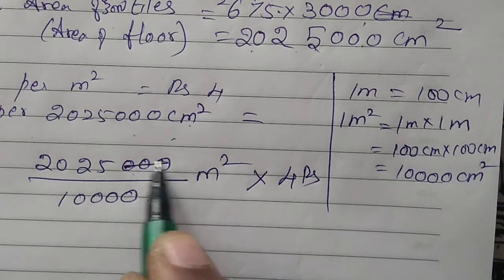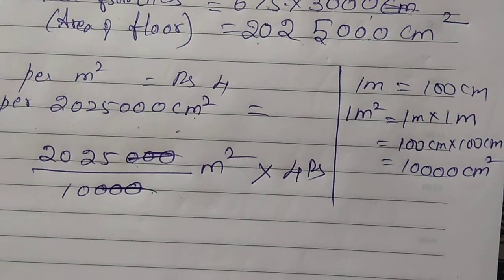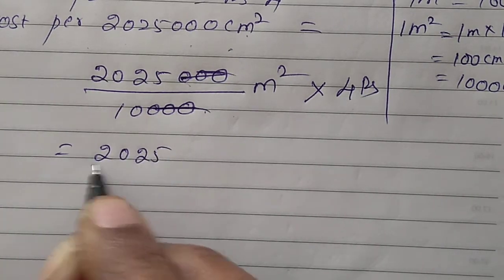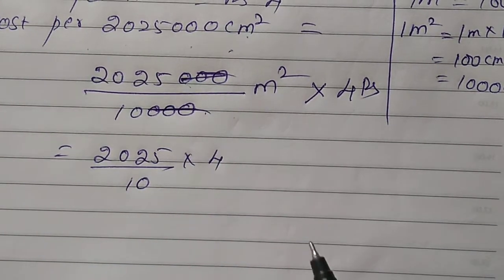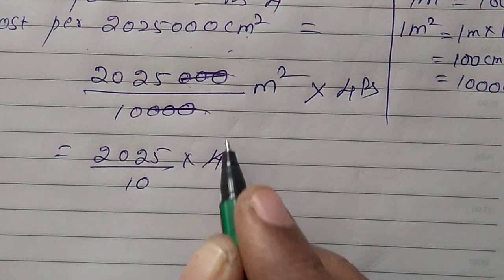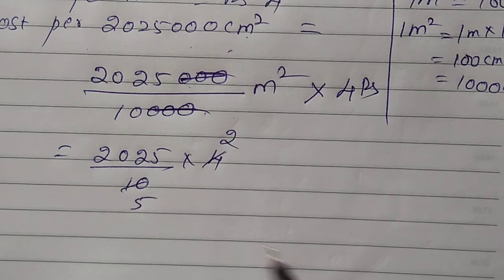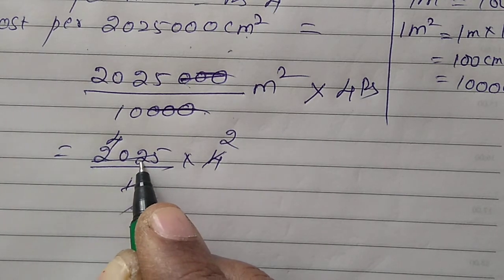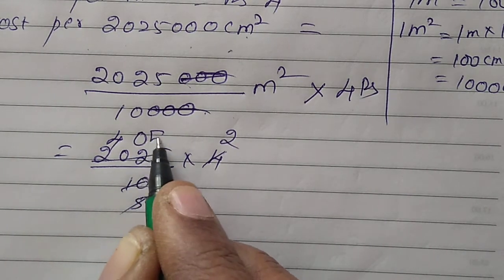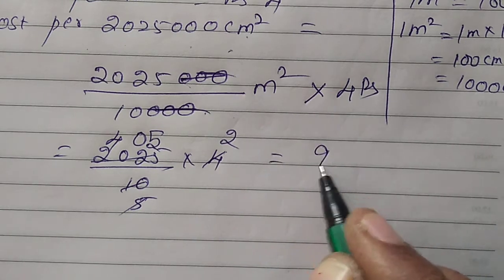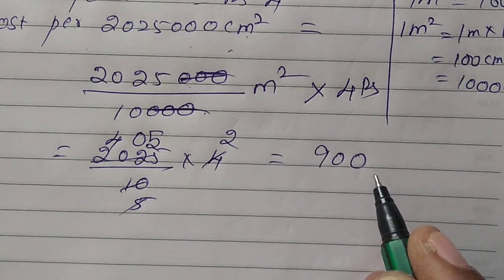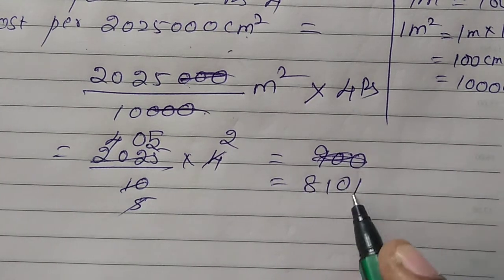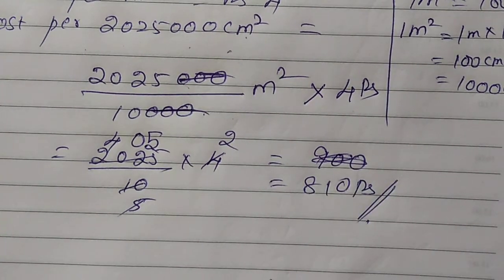So we have 2025 by 10 into 4. Shall we take the 2 table? 2 2s are 4, 2 5s are 10. And 5 will go here, 5 4s are 20. So 4 not 5 into 2 is 9. 5 2s are 10, 4 2s are 8. 810 rupees. So we have found the cost of polishing the floor.